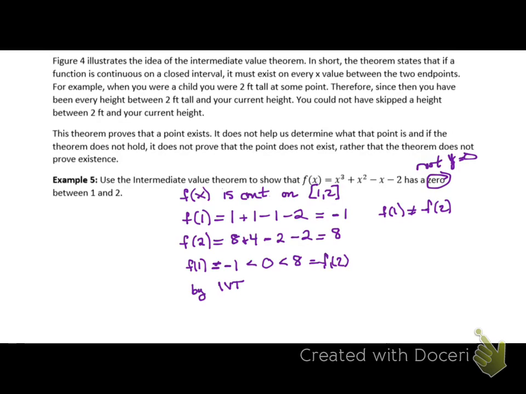Everybody in the math world knows what that means. There exists a C value between 2 and 1 such that, ST means such that, f of C equals 0. And that's how you use it.